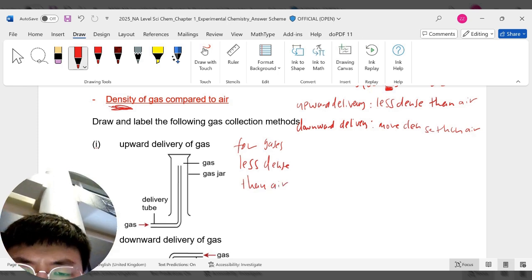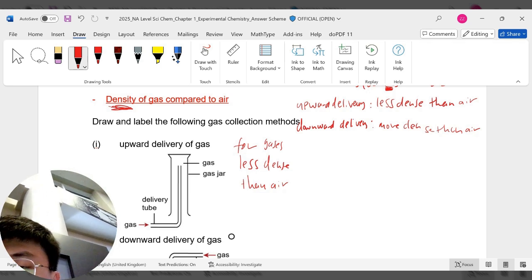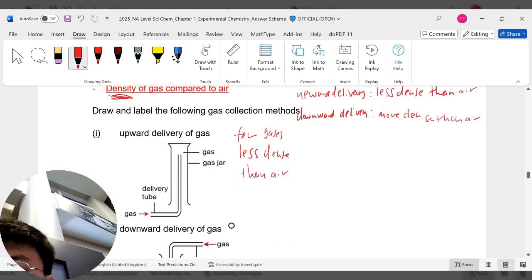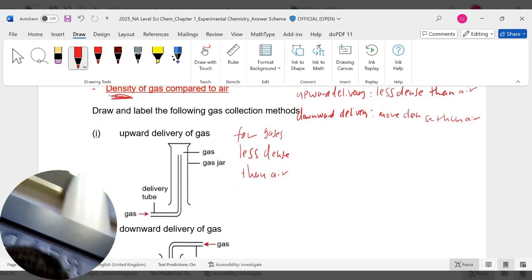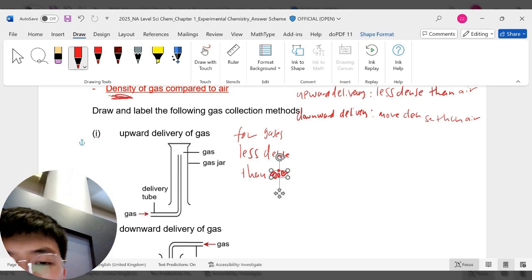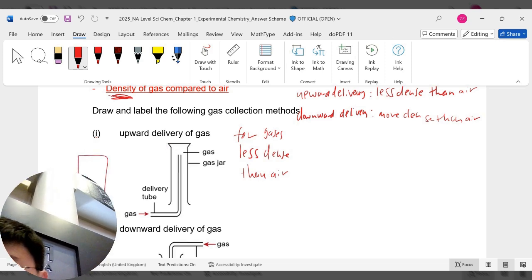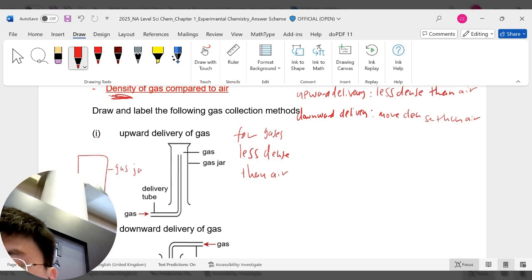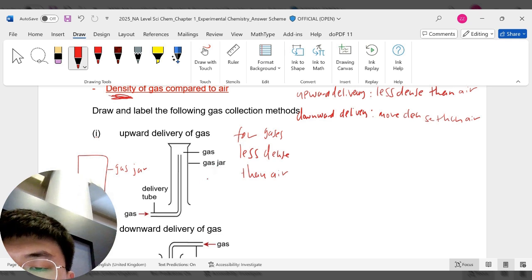If you need to copy this, you can try and draw this onto your question 1.4, part I. But of course it's not art class, so you don't have to draw it very nicely. All these pointy edges we don't really need. You can just draw a little rectangle and label it gas jar. That's good enough. The more important part is to label it.